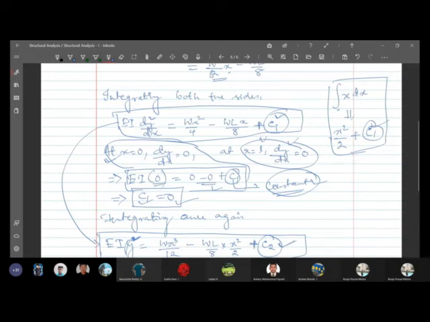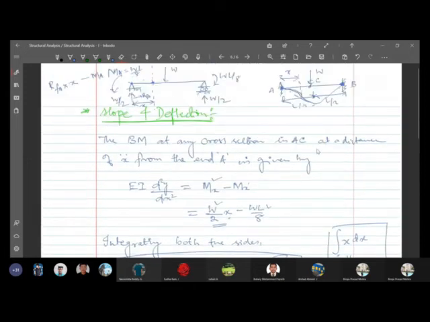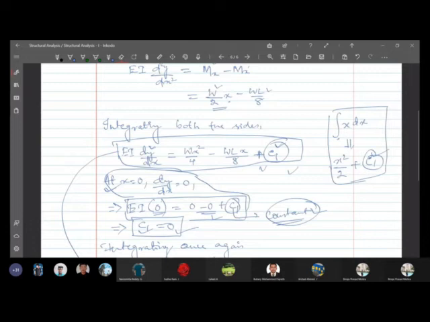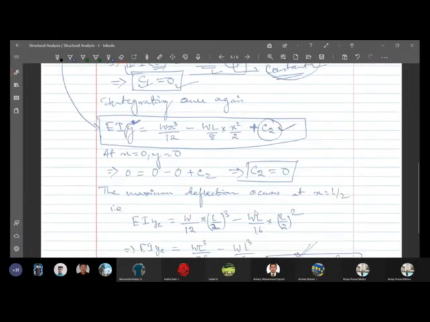If that is creating confusion, then you can forget this condition, no issue. Because we are taking the section here in between AC, we can only consider for AC that C1 will be 0, no issue. Anyone having any other doubts? Is it clear to you?